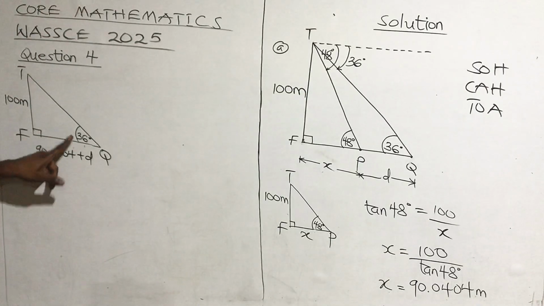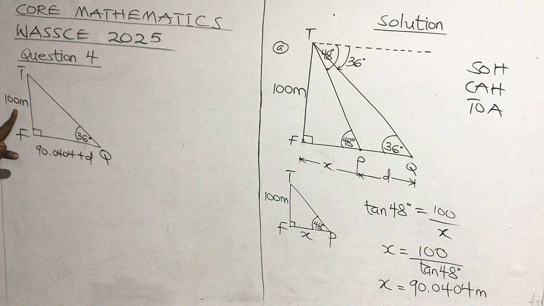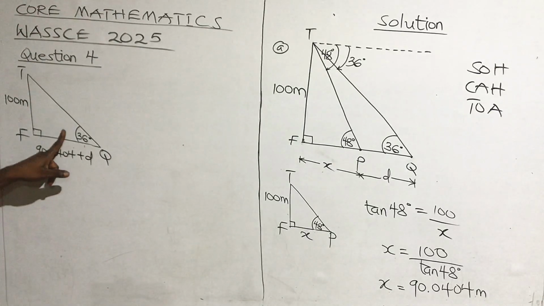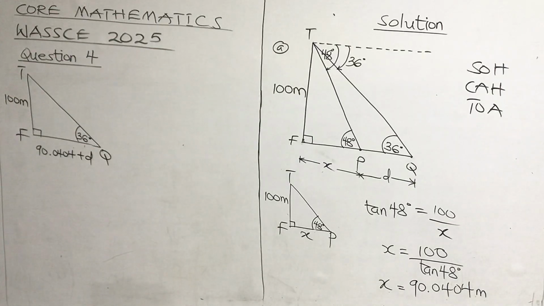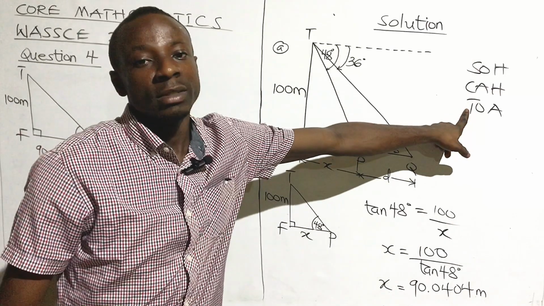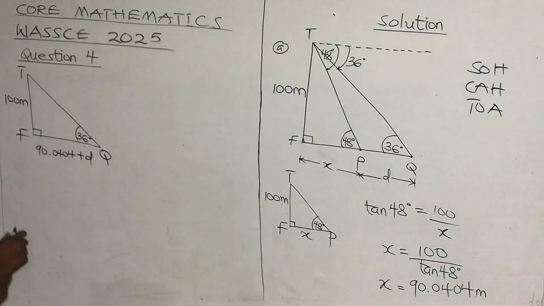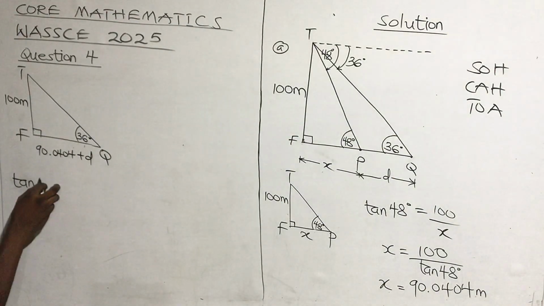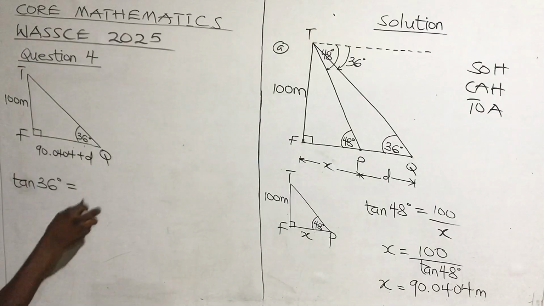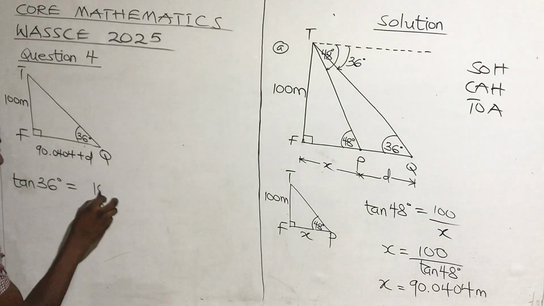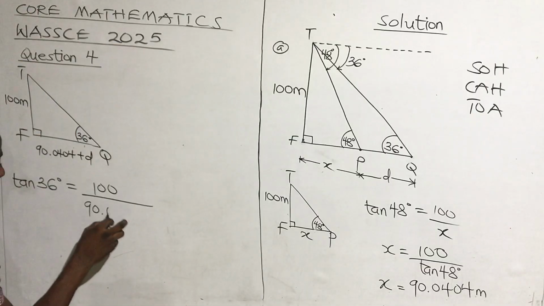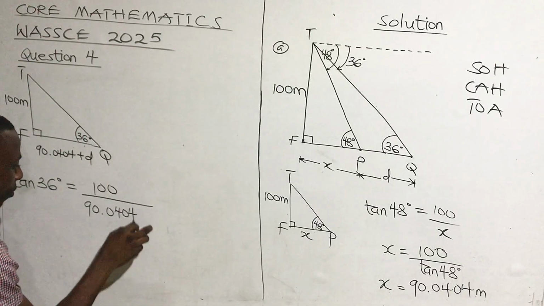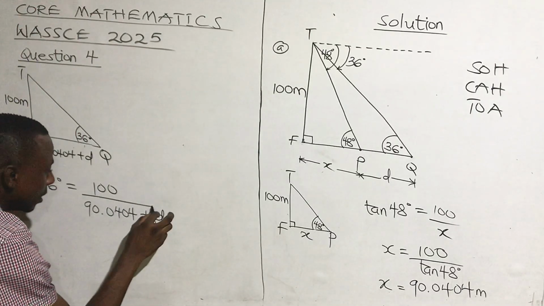Now, since the angle is facing this side, where the 100 meters is located will be the opposite of this angle. Then we have the base to be the adjacent. So we are still going to take tan. So we have tan 36 degrees is equal to opposite, 100, over 90.0404 plus d.